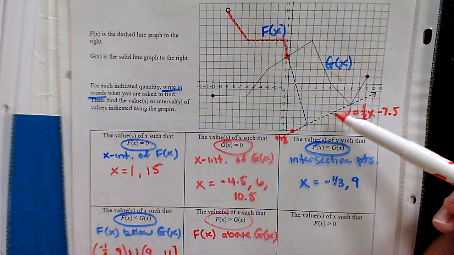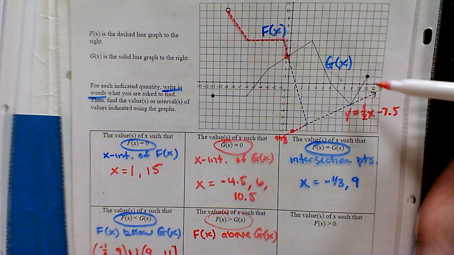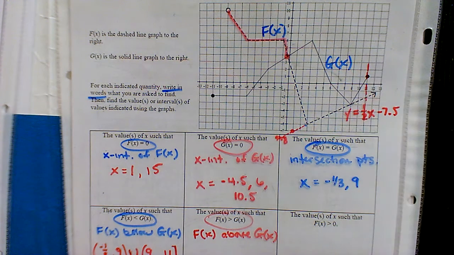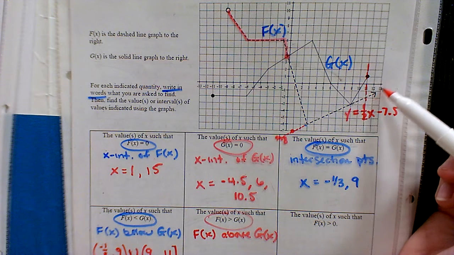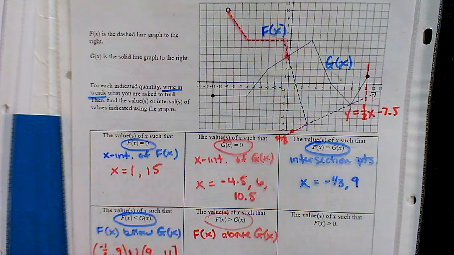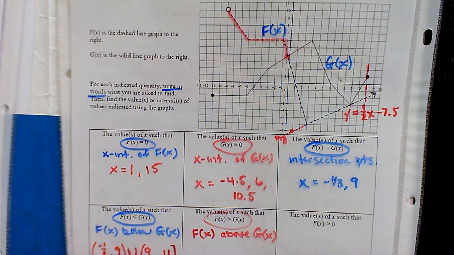Now we know that the dotted line is going to continue forever on the right-hand side, but again, if you're comparing two graphs, you can only compare where both of them happen. And if the solid one is ending at 11, notice how when the dotted line eventually does get higher than the solid line, that's not going to matter because we have no more solid line to compare it to. So it looks like this is the only section we have to identify.